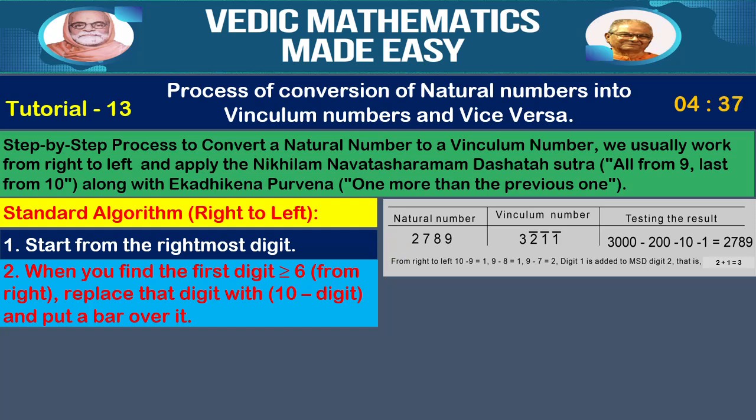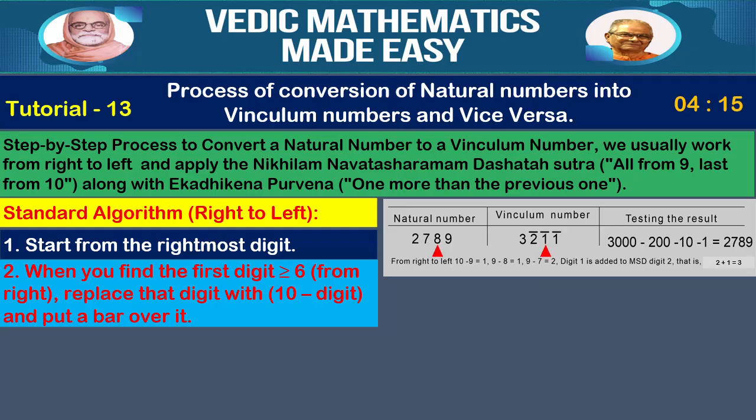Trace the number from right to left. The first digit is 9. Deduct 9 from 10, it gives 10 minus 9 is equal to 1 bar. I will call it as minus 1. Next digit is 8.